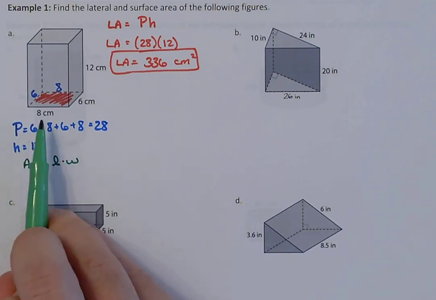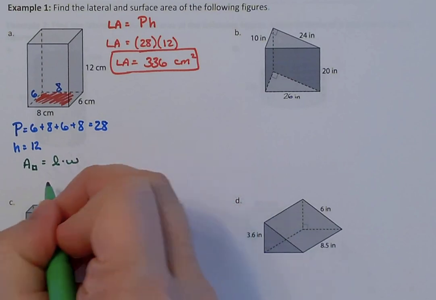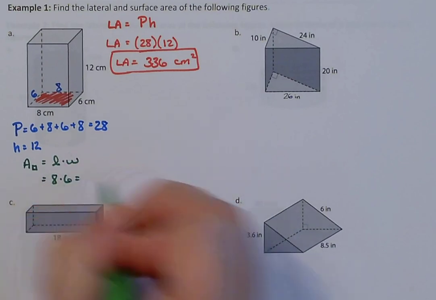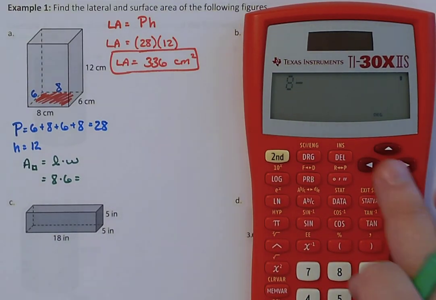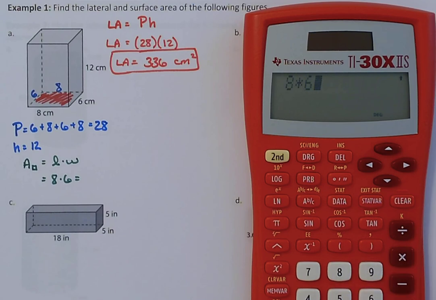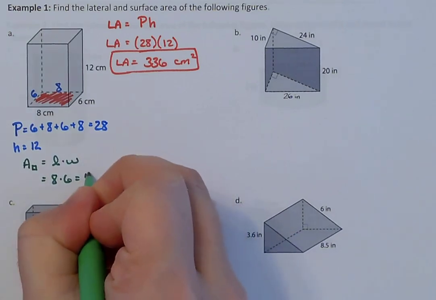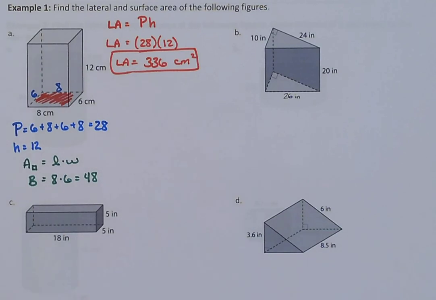So the length of our rectangle is 8. The width of our rectangle is 6. So we're going to do 8 times 6. And when we do 8 times 6, times, not subtract, we get 48. So 48 is our value for the capital B.